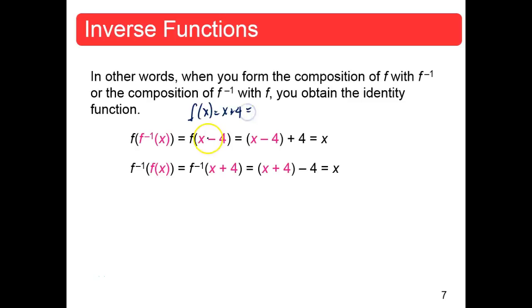So x minus 4 plus 4, and what do you wind up with? X. Or, if you operate with f inverse on f, f is x plus 4, operate with f inverse, which is x minus 4, it would be x plus 4 minus 4, and that gives you x.